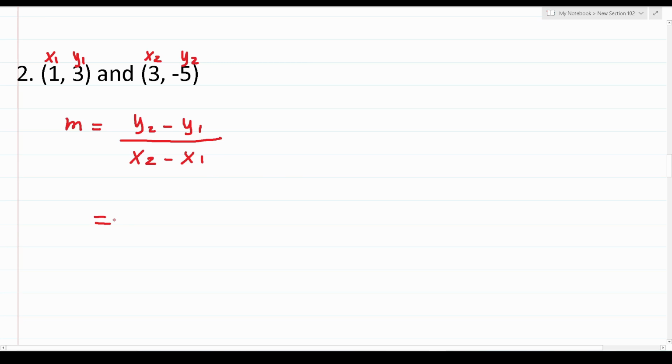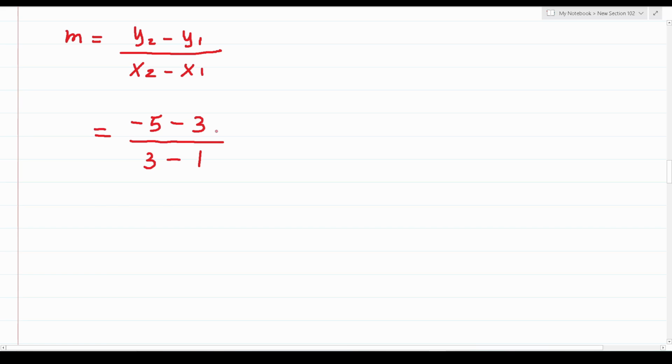Of course, y2 is right here. It's negative 5, so this becomes negative 5 minus y1, which is 3, over x2, which is 3, minus x1, which is 1.